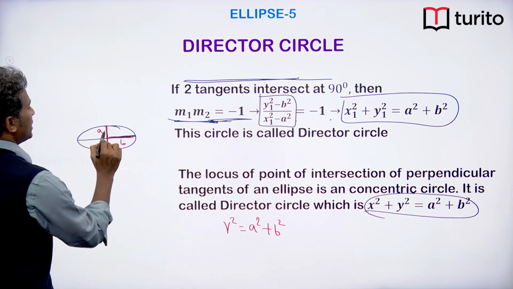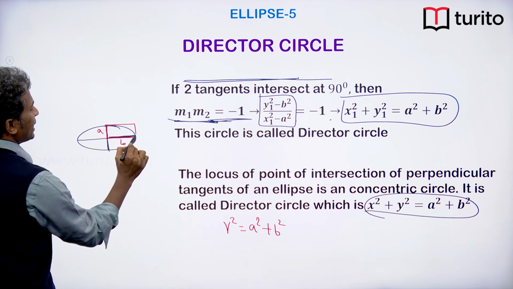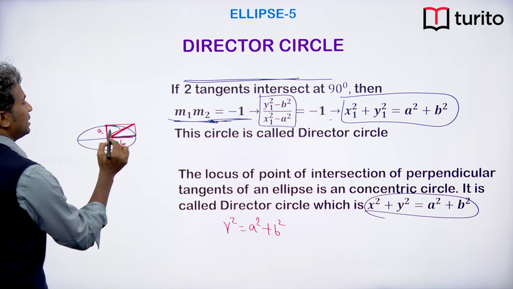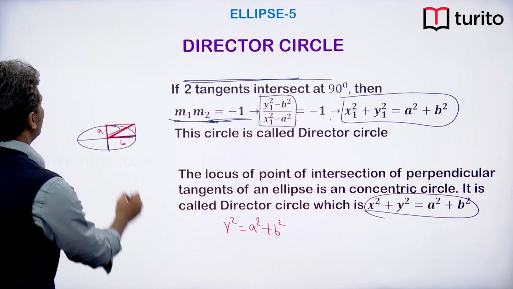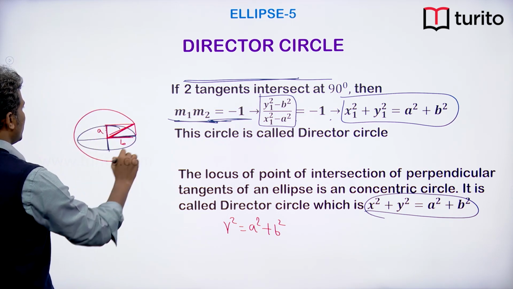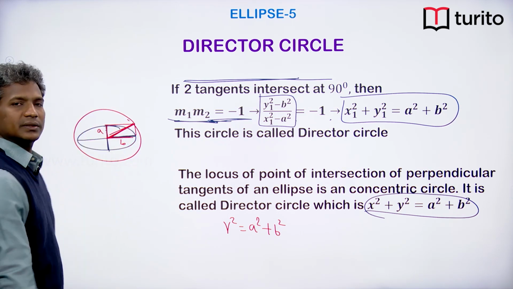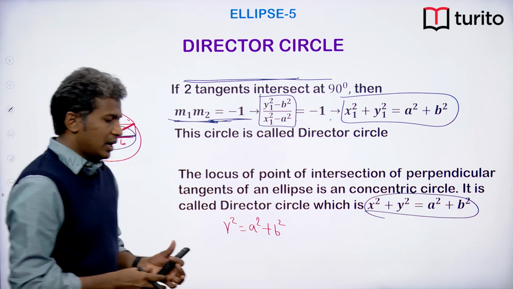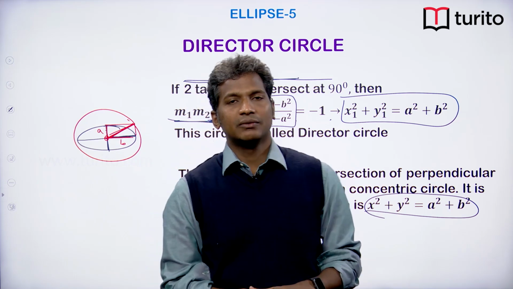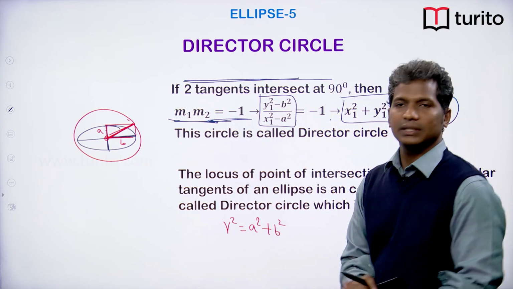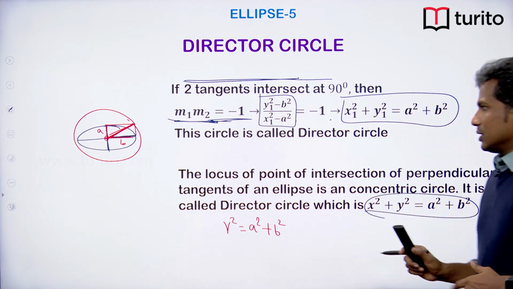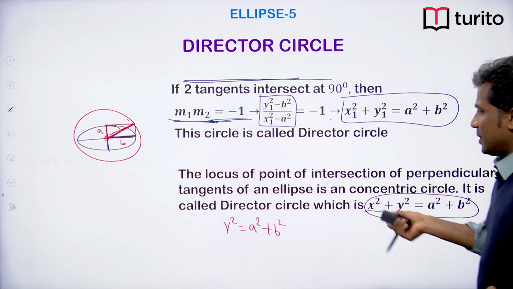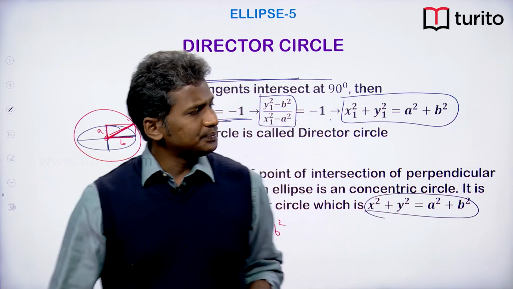So, if we form a rectangle here, this is the diagonal which is of this length. So, basically the circle is going to have this much radius. Okay. And of course, it will be concentric with the ellipse and also with the eccentric circle. For both it is concentric. Okay. So, that way we can understand the basic idea of this director circle.